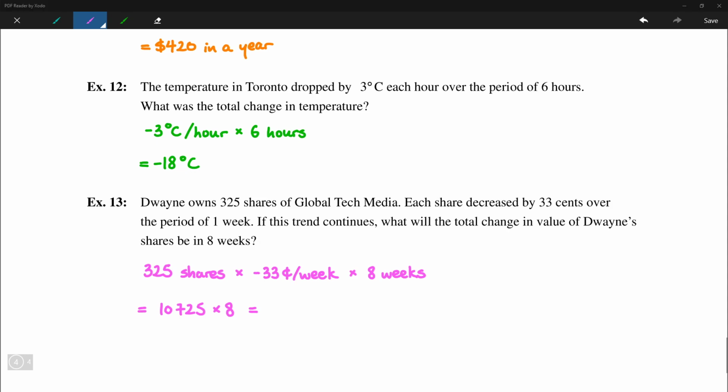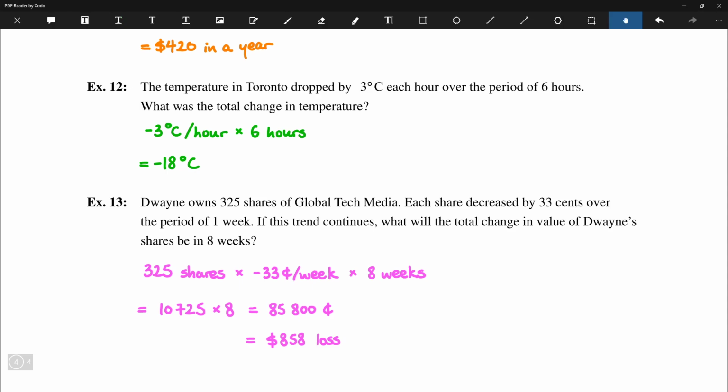Okay, so the product will be 85,800. Now, this is actually in cents. So in order to convert that back to dollars, we divide by 100. So we will have $858 loss.